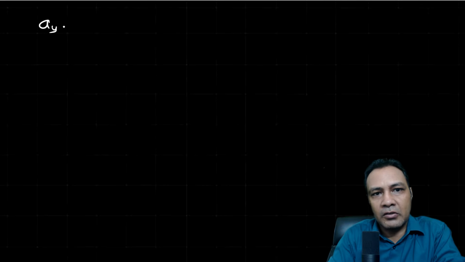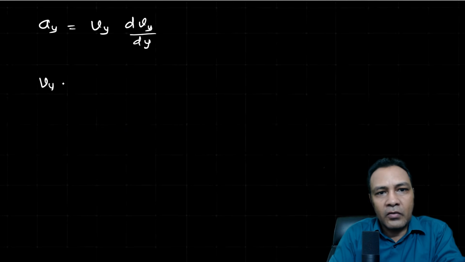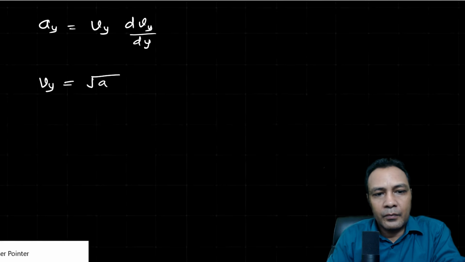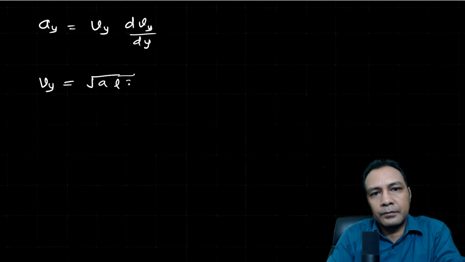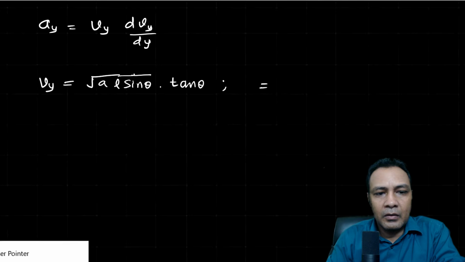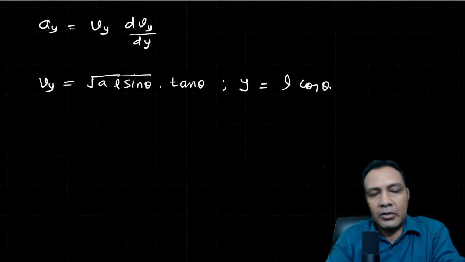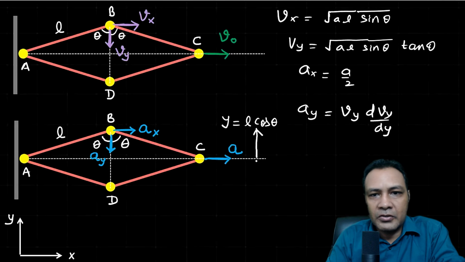So Ay is equal to Vy dVy by dy. Vy is equal to square root of AL sine theta into tan theta, and y is equal to L cos theta. You can check it here.